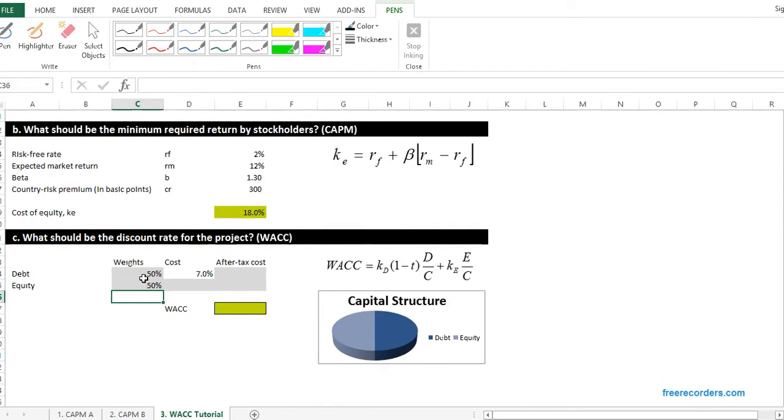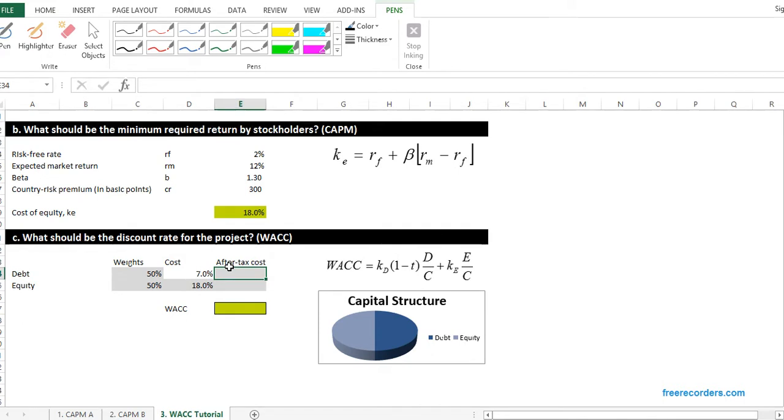Therefore, we need to calculate an average of the cost of debt, which is 7% in this case, for example, the cost of loans, and the cost of equity, which is 18%. We need to calculate the after-tax cost of debt, which is 7% times 1 minus the income tax rate, right?